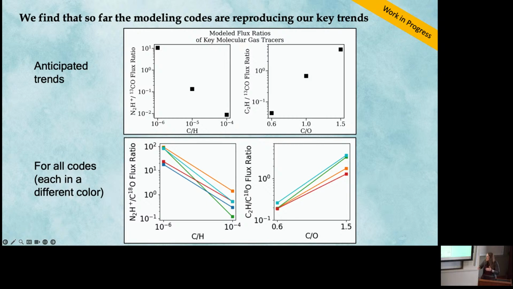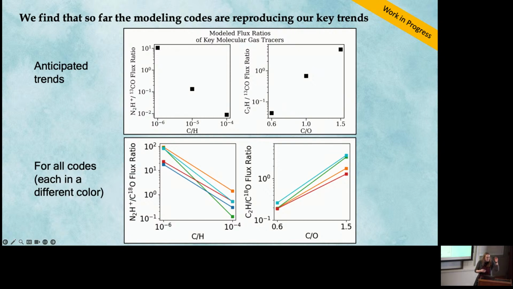Our whole team meets once every 2 weeks, and that's our main topic: how does your code handle this? How does your code handle that? Could that be driving the difference? Some things that we do know, for the N2H+ fluxes, they handle some of the ionization processes differently.